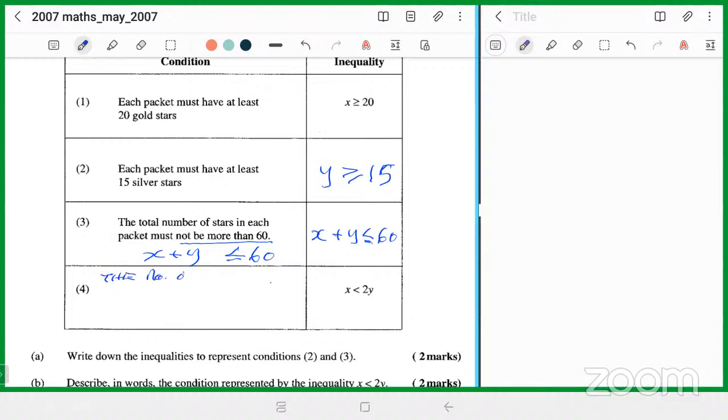The number of gold stars must be less than, that's what this means, less than. And this is twice the number of silver stars. Less than twice. That's what CXC would have said. Twice the number of silver stars.